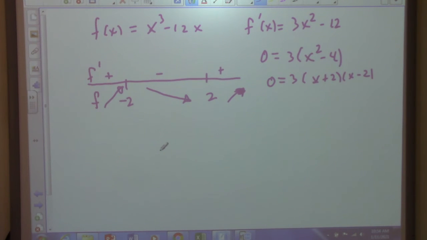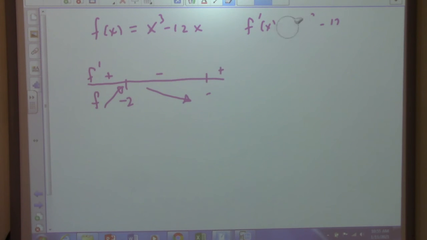Okay, and number 3, you have a local minimum at 3, is very similar. Okay, you have x cubed minus 6x squared plus 9x minus 4, and you're trying to find a local minimum.